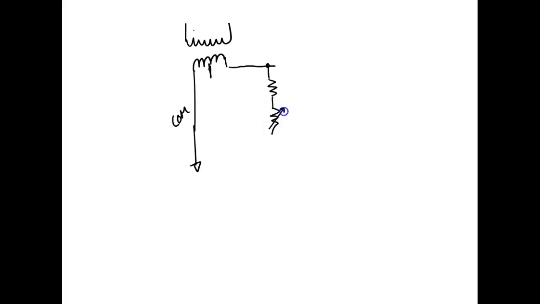And then I'm running it through a pot, or it's a pot wired as a rheostat. And then I have a capacitor. So I've set up a little RC, what we refer to as an RC time constant.